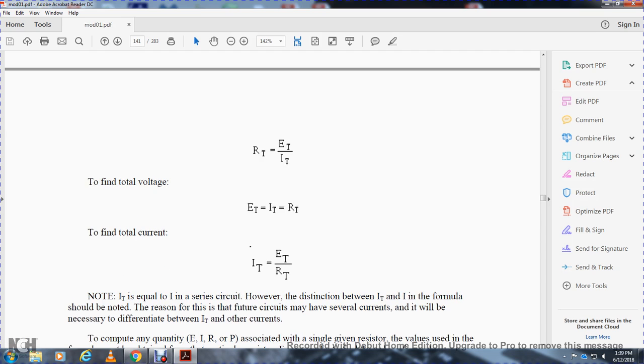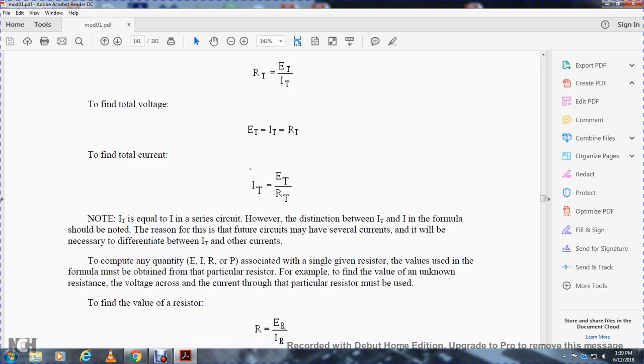The total current is equal to the volts over the ohms, and this also applies to the series circuit. However, the distinction between the formulas should be known for future circuits that may have several currents, so it will be necessary to differentiate the voltage and the other currents.